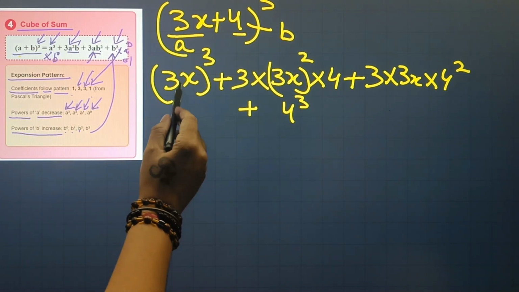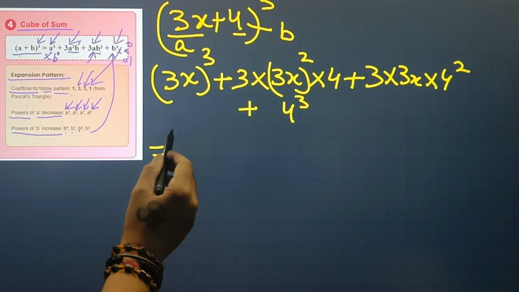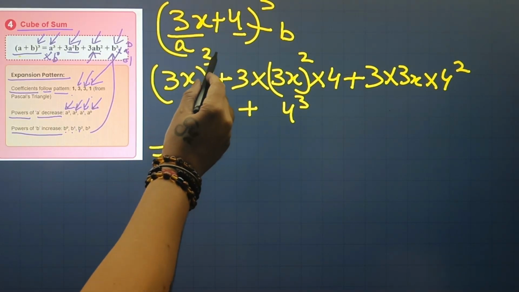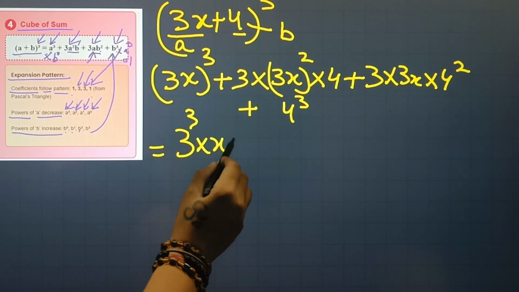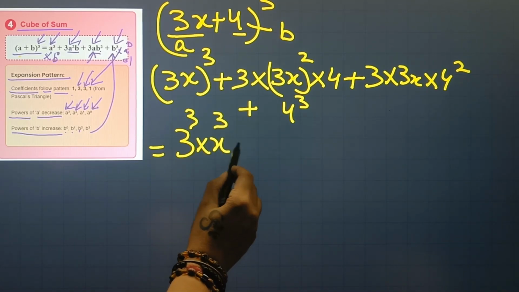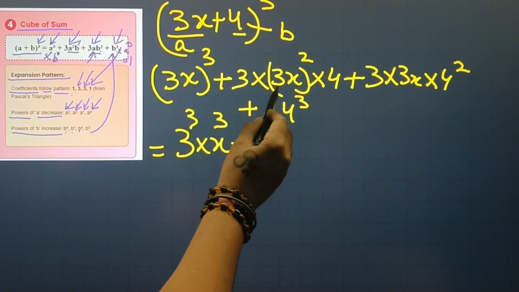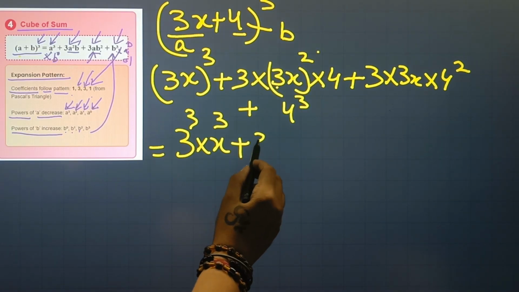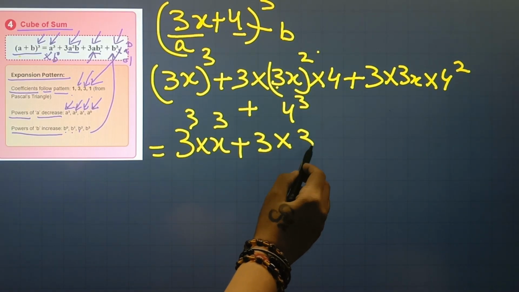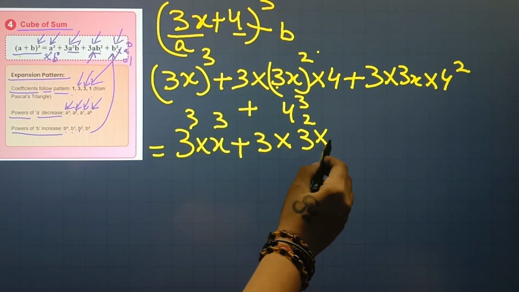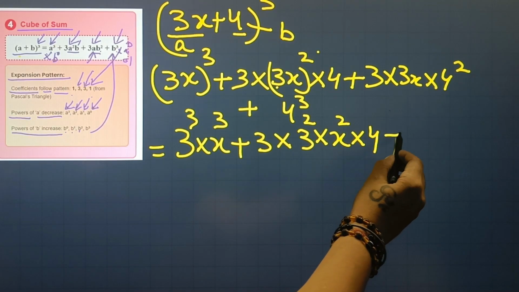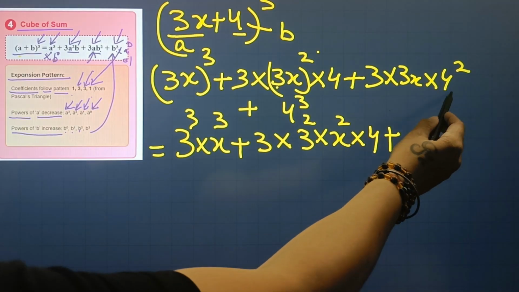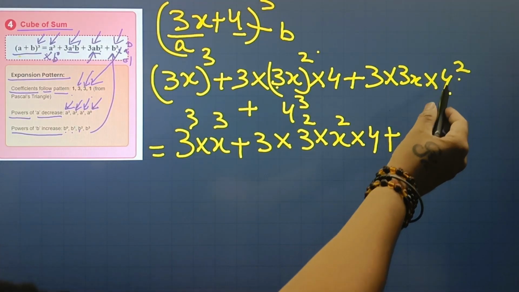So this is 3x whole cube, which is 3 raised to the power 3 into x raised to the power 3, plus 3 raised to the power 2, that is 3 into 3 raised to the power 2 into x square into 4, plus 4 raised to the power 2 is 16.